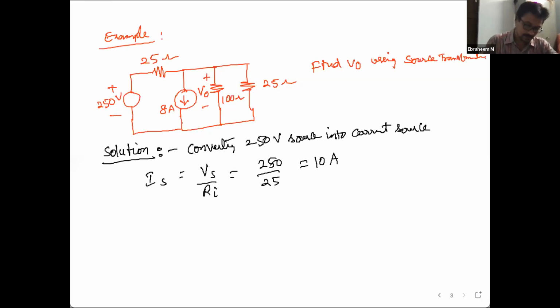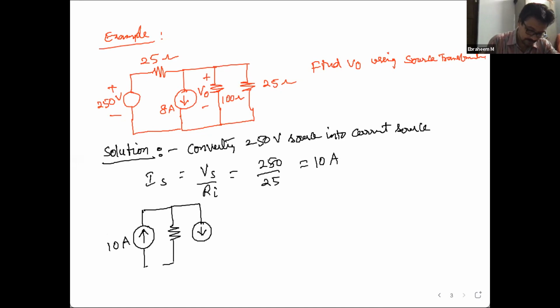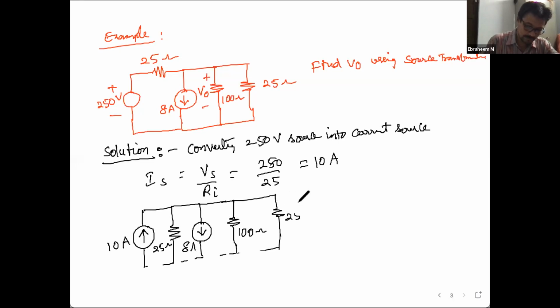Because the voltage source is positive at the top terminal, I'm connecting the current source in the upward direction. This is 10 amperes. Here we also have a current source of 80 amperes in the reverse direction. As usual, this one is 25 ohms only. Here you have 100 ohms and 25 ohms.